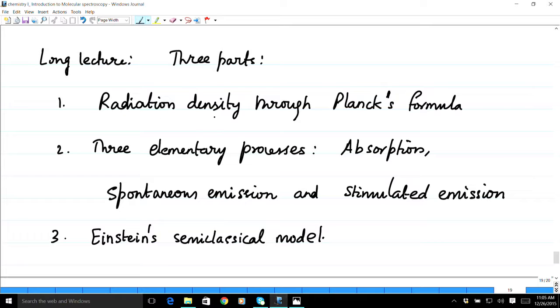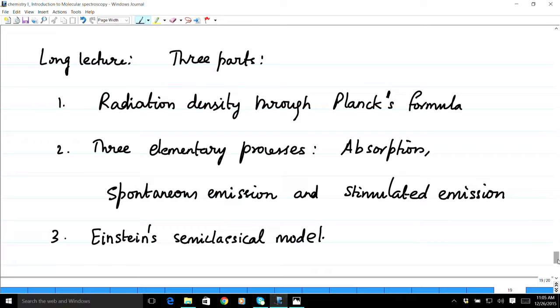Radiation interacts with matter, and it was first conceived by Albert Einstein through a semi-classical model by invoking 3 elementary processes, known as absorption, spontaneous emission, and stimulated emission. So, let me explain that a little bit and also explain a bit on the Einstein's semiclassical model.